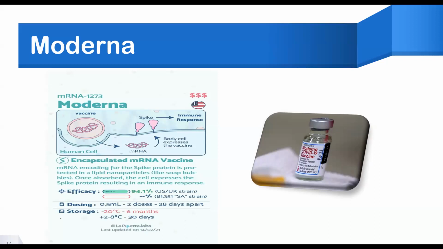It is also given in 2 shots, recommended for 18 years old and above. The dose is 0.5 ml, 28 days apart. The storage is below minus 20 degrees Celsius in 6 months.